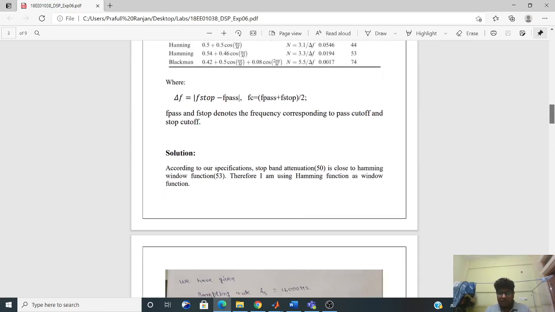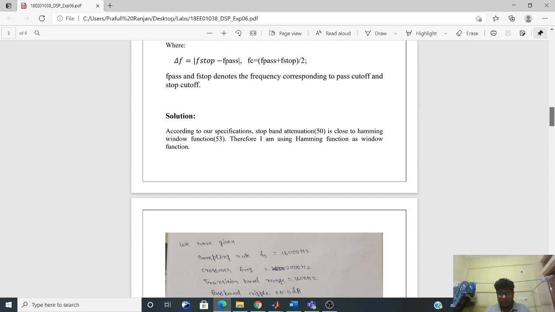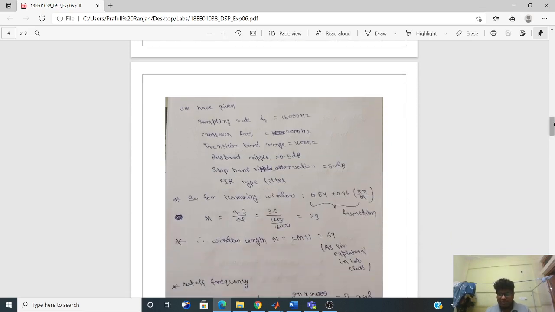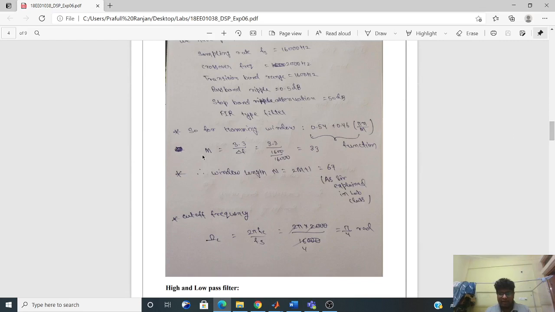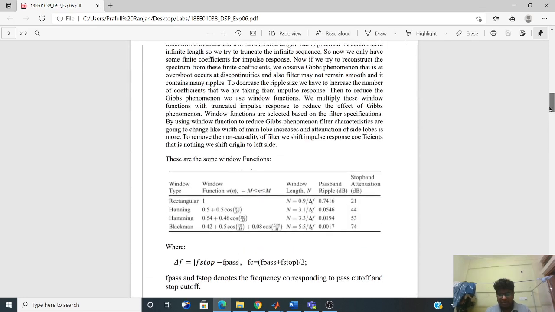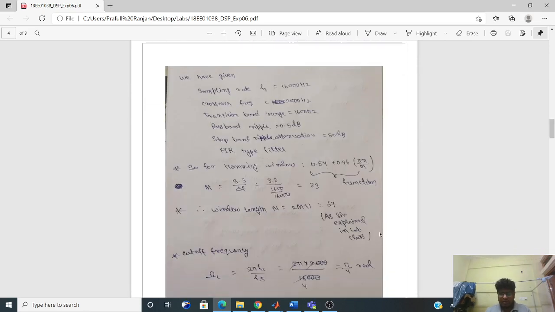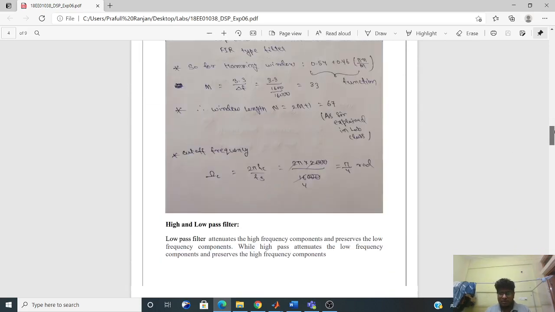Now let's move to the solution of our equations given the specification. These are the specifications which we have been provided. So we can calculate the window length, which would be 67. I think I have missed something. Okay, yes, it should be a different symbol, but I used this one because sir explained it in lab classes.